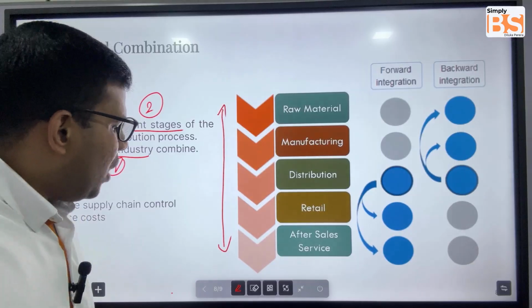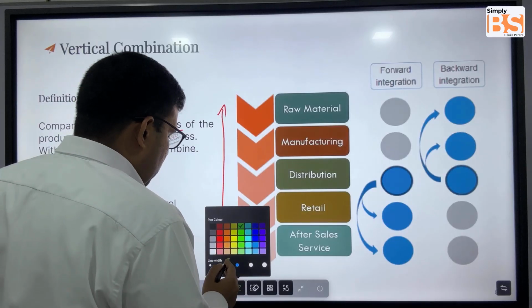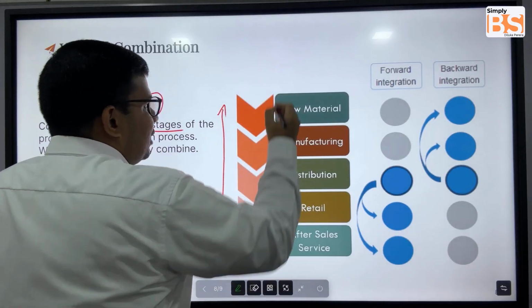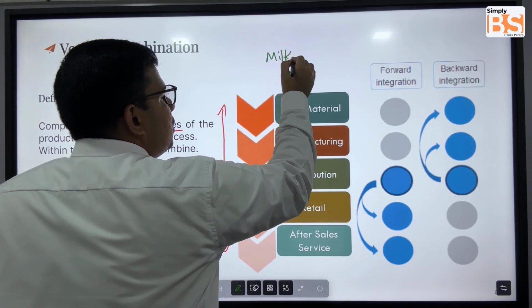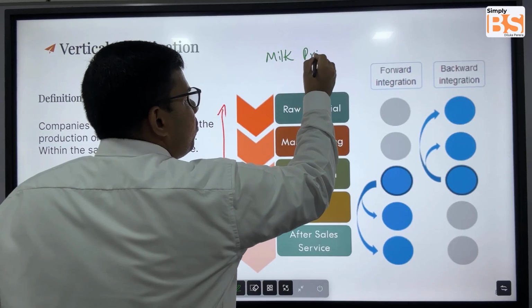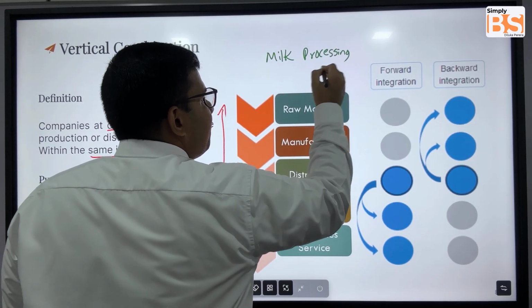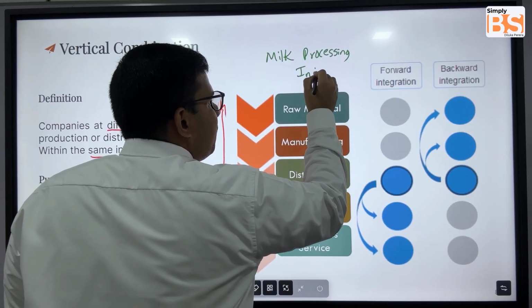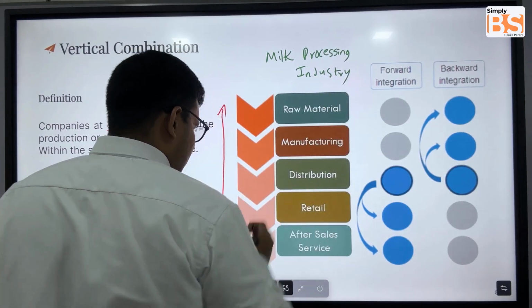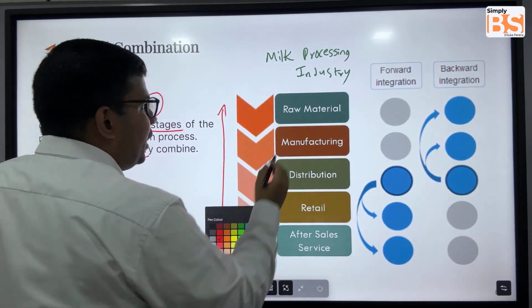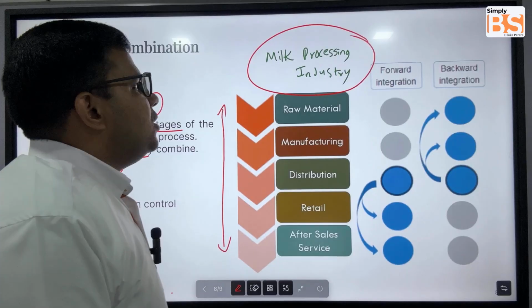So I have taken the milk processing industry as an example, just to elaborate the production and distribution process.